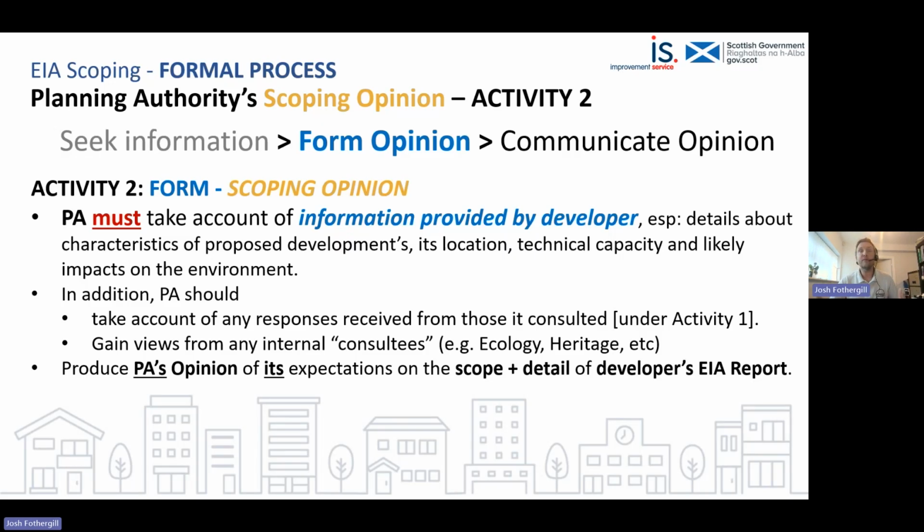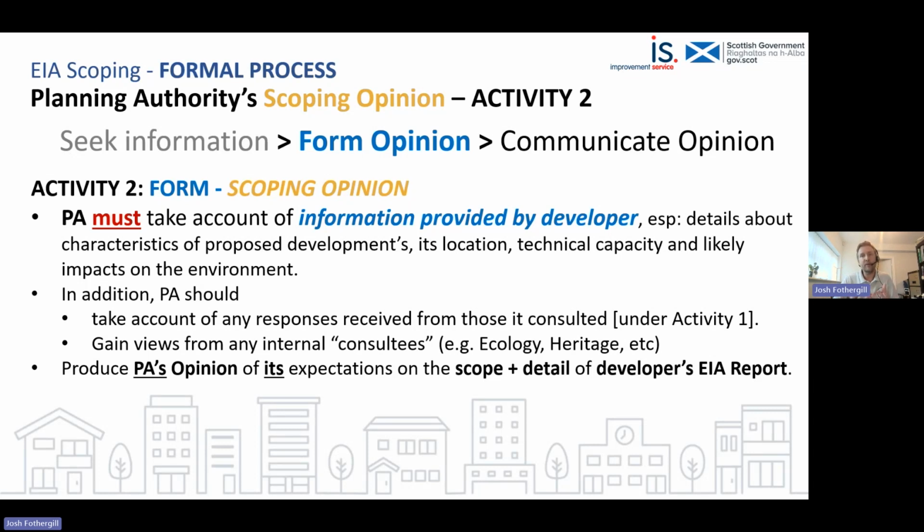So the scale of that task of taking in that information may be quite different. In addition to that, the regulations require you to take account of any responses that you receive from those who you've consulted under Activity 1, and also a good thing that you should do is gain those views of any internal consultees.